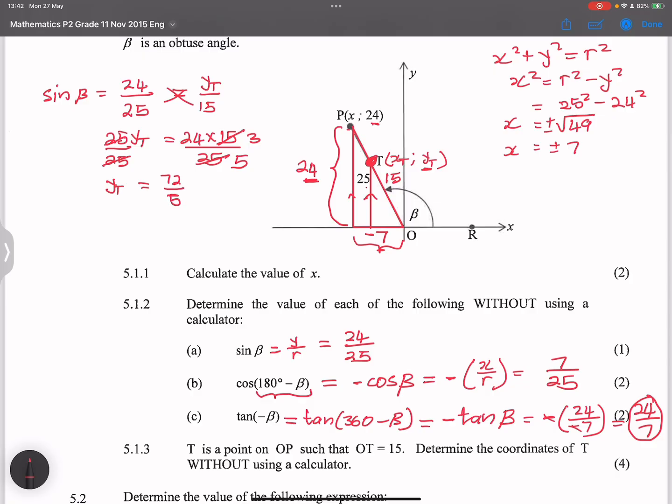We're going to do the same for the X value. So that means the cos of beta is going to be X over R. Our X value for the bigger triangle, we found that to be -7, over our R is 25.